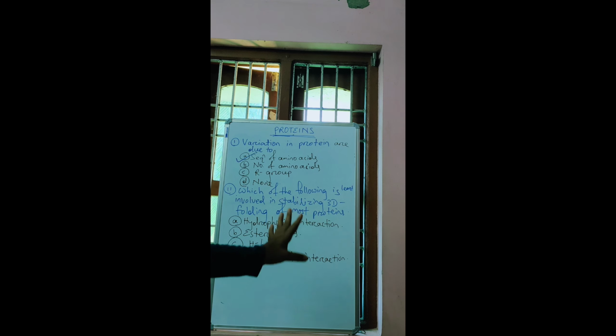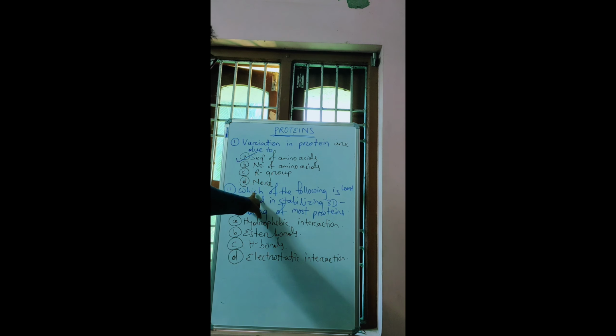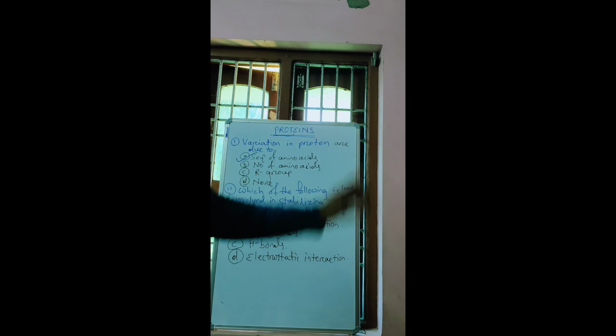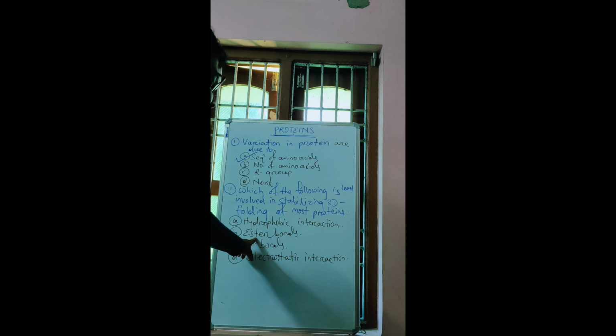If the question were which of the following is involved, hydrophobic interactions are responsible for folding, yes, in tertiary structures. An ester bond is a covalent bond. Hydrogen bonds are also involved. Electrostatic interactions are also involved.